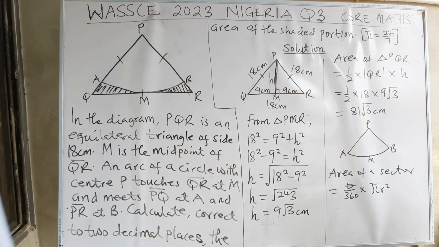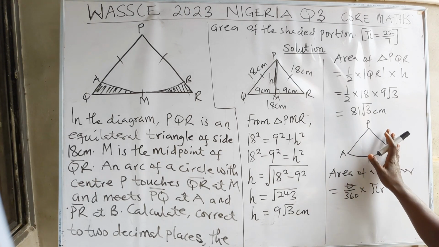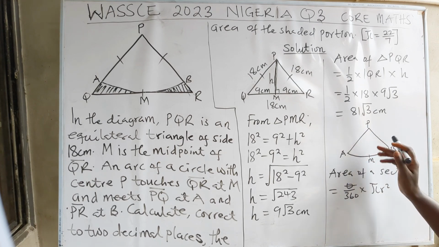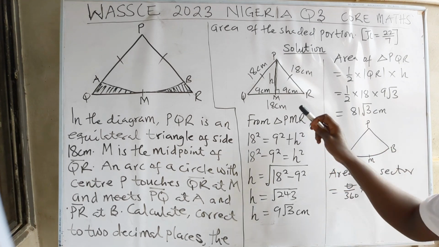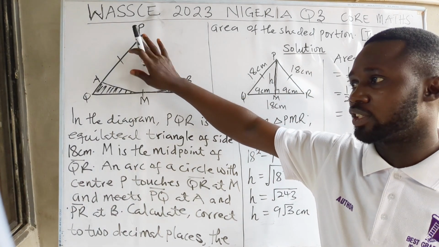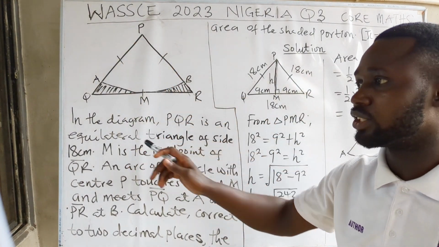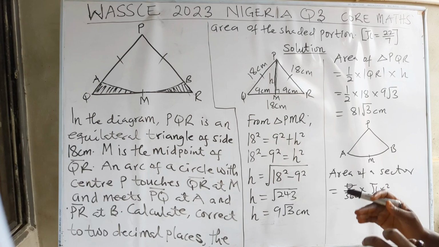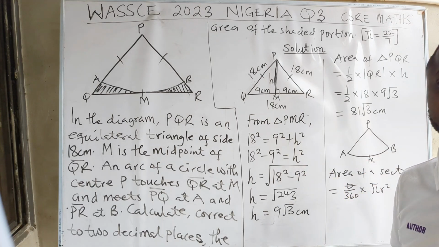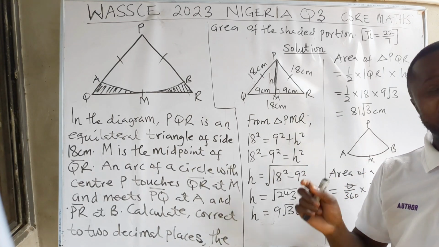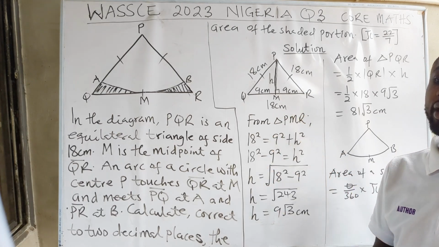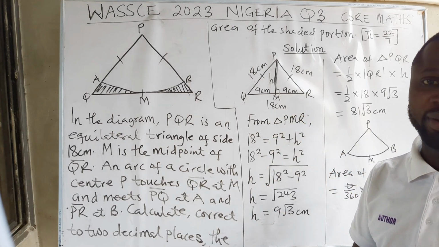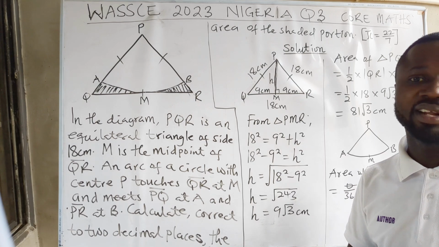The angle at the center of the sector. So what angle do we have here? Take note. The whole of the triangle here is an equilateral triangle. Since all the sides are the same, it means that each interior angle will also be the same. And the sum of the interior angles of a triangle is 180.